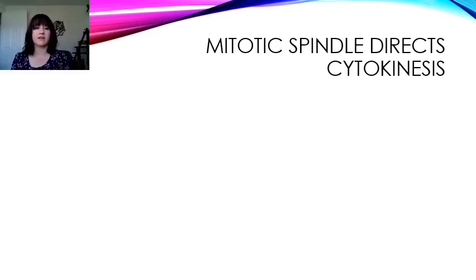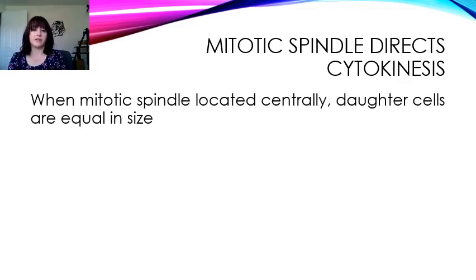Now again, as I said, where the chromosomes line up in the cell during metaphase determines where the cell will cleave in half during cytokinesis. And so we always draw the metaphase plate right in the center of the cell, and that will result in cytokinesis occurring right in the middle of the cell, and you get two daughter cells that are even in size.